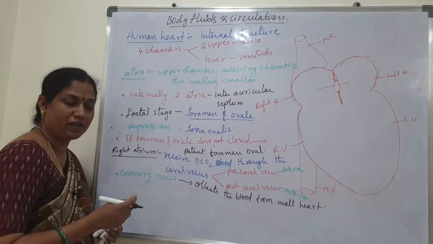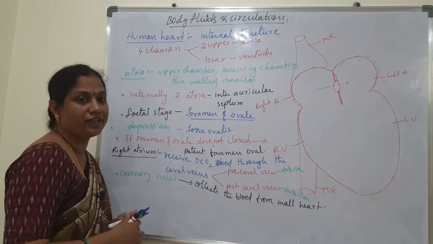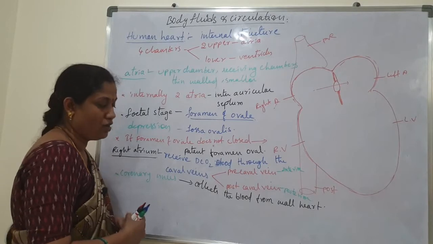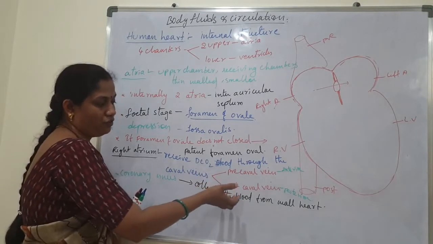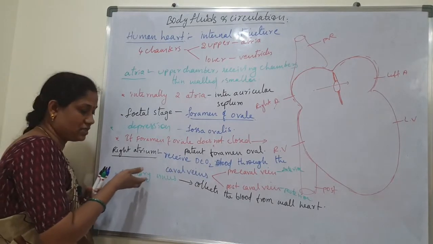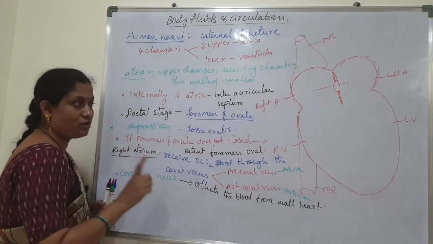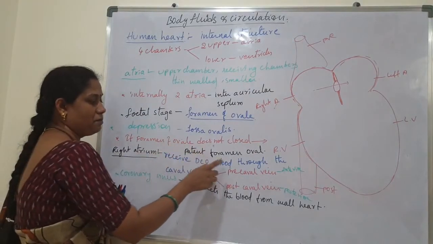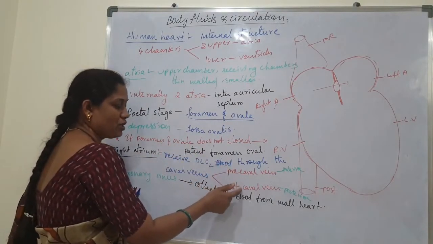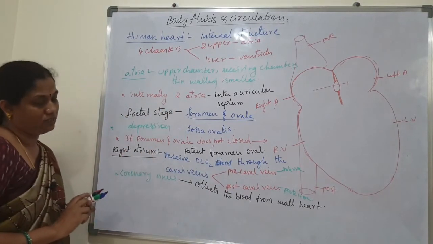The wall of the heart is mainly made up of cardiac muscles. Cardiac muscles also need a continuous supply of blood. So that blood from the wall of the heart is collected by the coronary sinus. So in the right atrium, the precaval vein, postcaval vein and coronary sinus open.